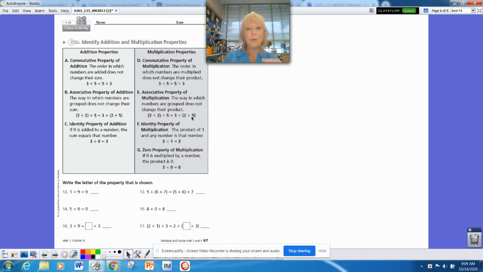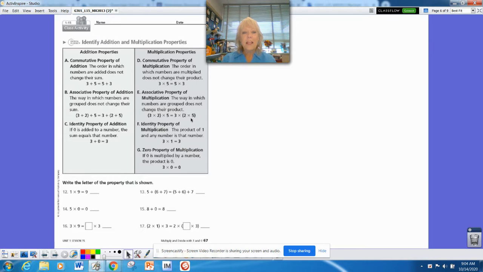Remember, when we are dealing with parentheses, we do what's in there first. So 3 times 2 is 6, and then 6 times 5 is 30. And for the other one, 2 times 5 is 10, and then 3 times 10 is 30. So they come up with the same thing.